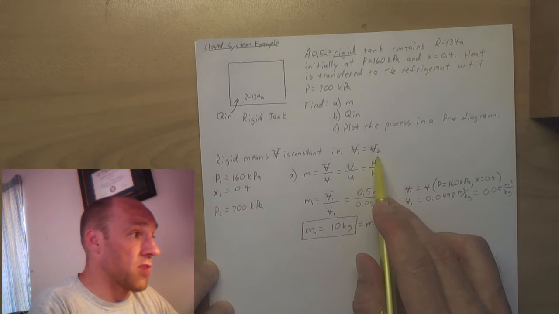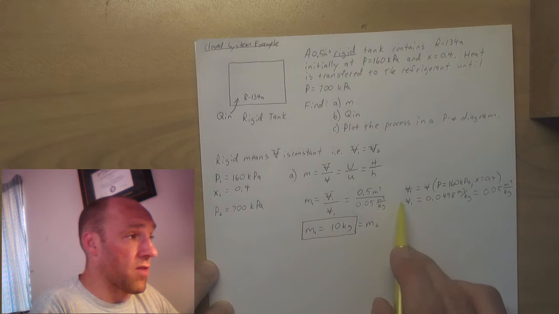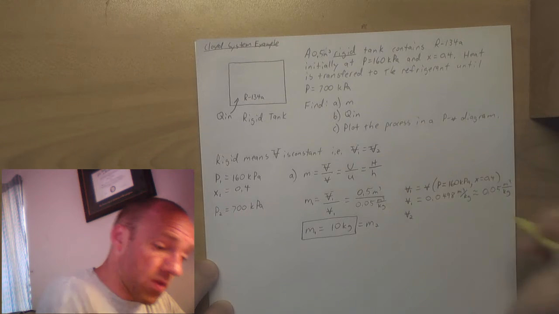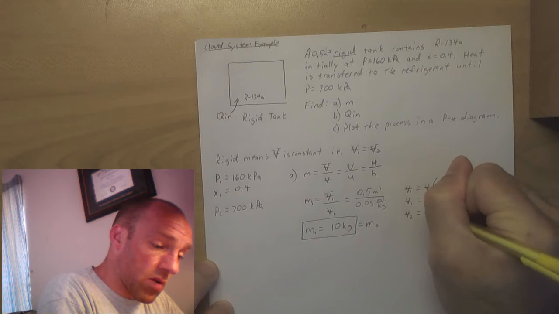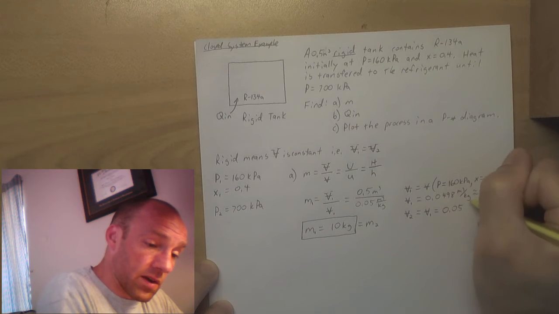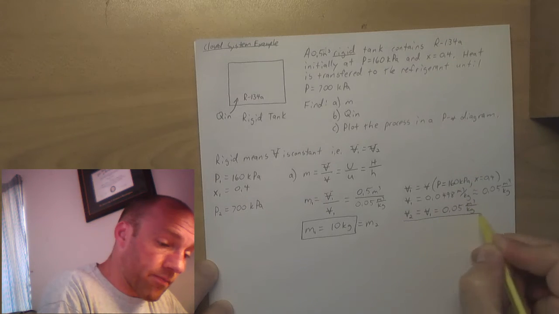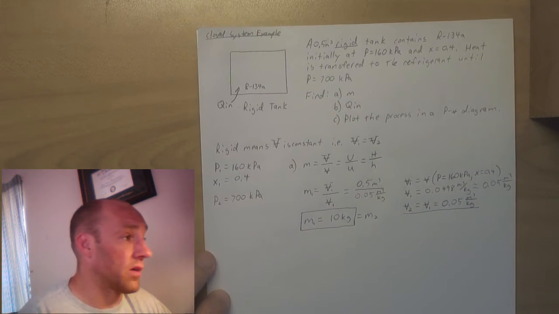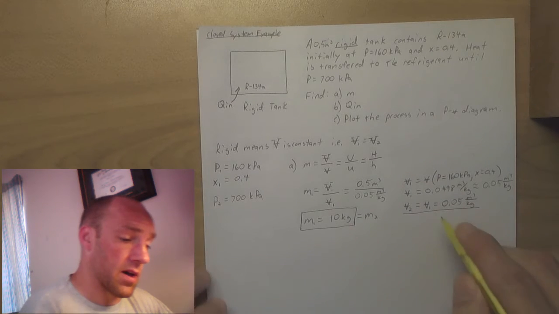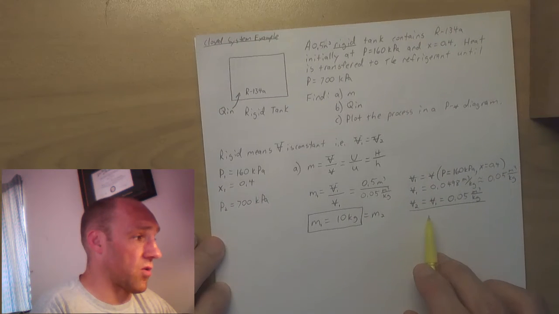I was told that the volume doesn't change and the mass doesn't change, so the specific volume can't change. So I know that the specific volume at state 2 is equal to the specific volume at state 1, which is roughly 0.05 meters cubed per kilogram. Those are some observations I've made so far. Not necessarily directly applicable, but it will be in a second. They are some things you needed to pick up on in order to answer the rest of the questions.